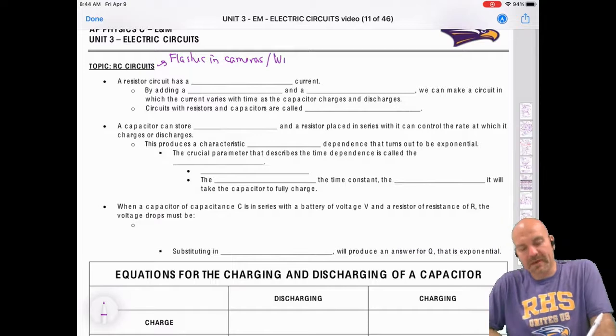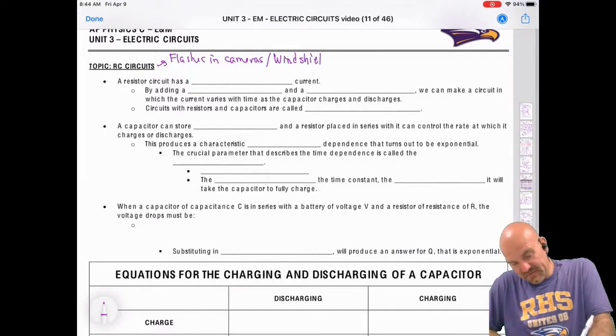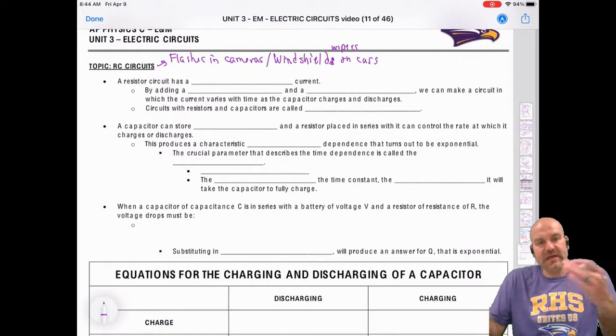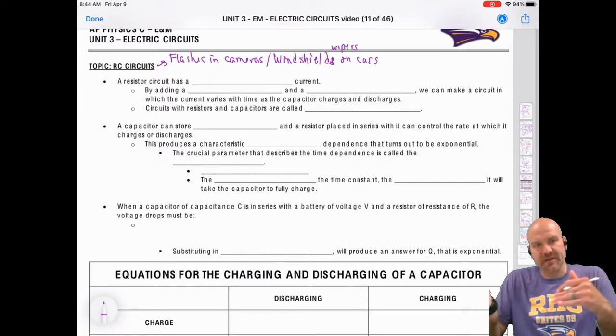Another real world application is the circuit that contains the windshield wipers on cars. Windshield wipers, not windshields, right? So this is the same deal. This is where we're talking about the intermittent ones, not the ones that go constantly, but the ones where you turn it on and then it comes back.